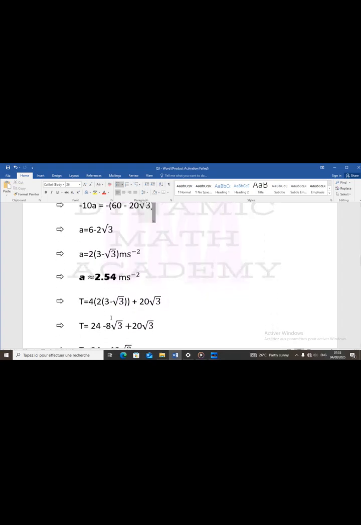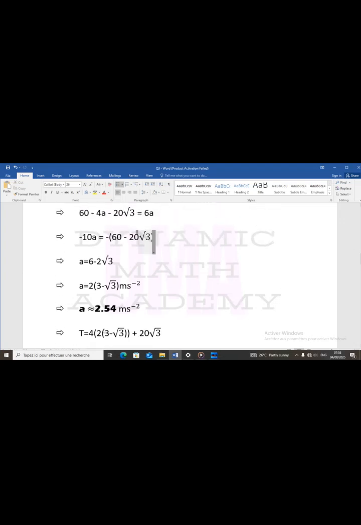So in that case, we're going to have the tension equal to 4 into (6 minus 2 root 3) plus 20 root 3.